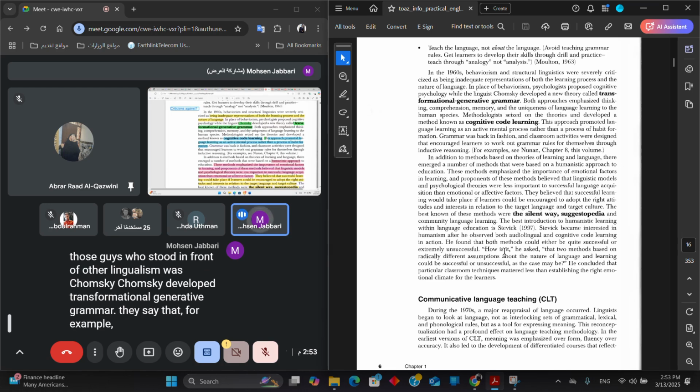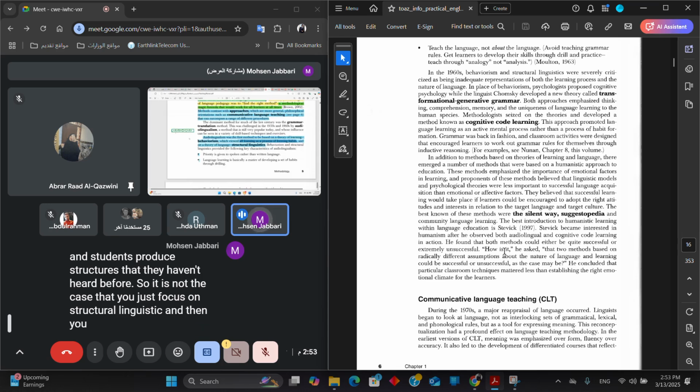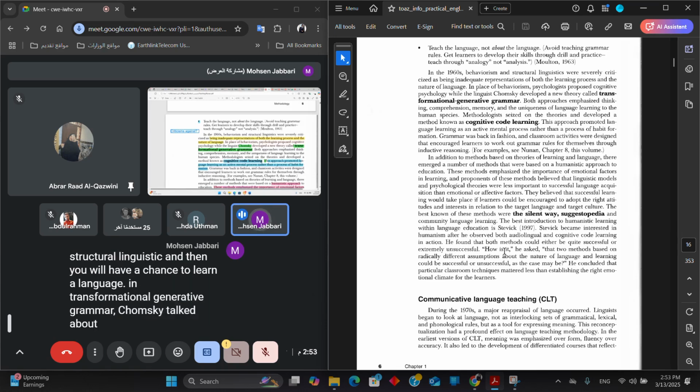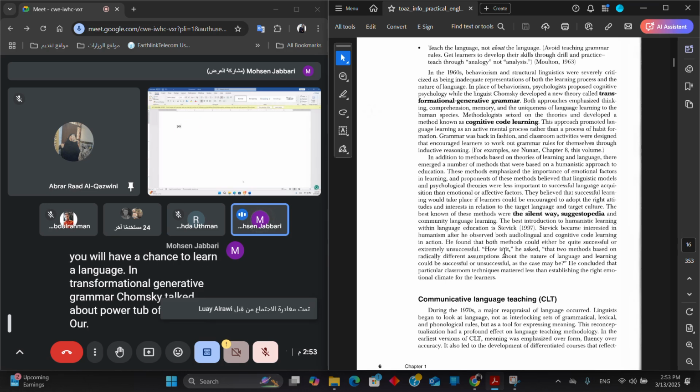They say that, for example, in transformational generative grammar, sometimes students produce structures that they haven't heard before. So it is not the case that you just focus on structural linguistics and then you will have a chance to learn a language. In transformational generative grammar, Chomsky talked about poverty of stimulus.